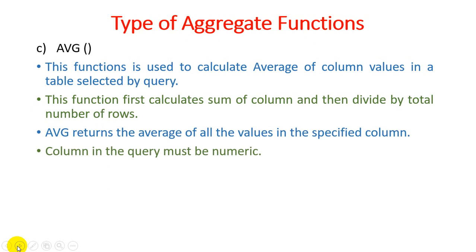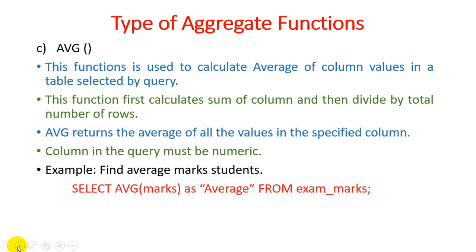The column in the query must be numeric, otherwise it is not possible to perform AVG, or we can say the average result. Find the average mark of students: select the AVG function, applying it to the marks column, because the marks column is a numeric data type, as average from the exam marks.